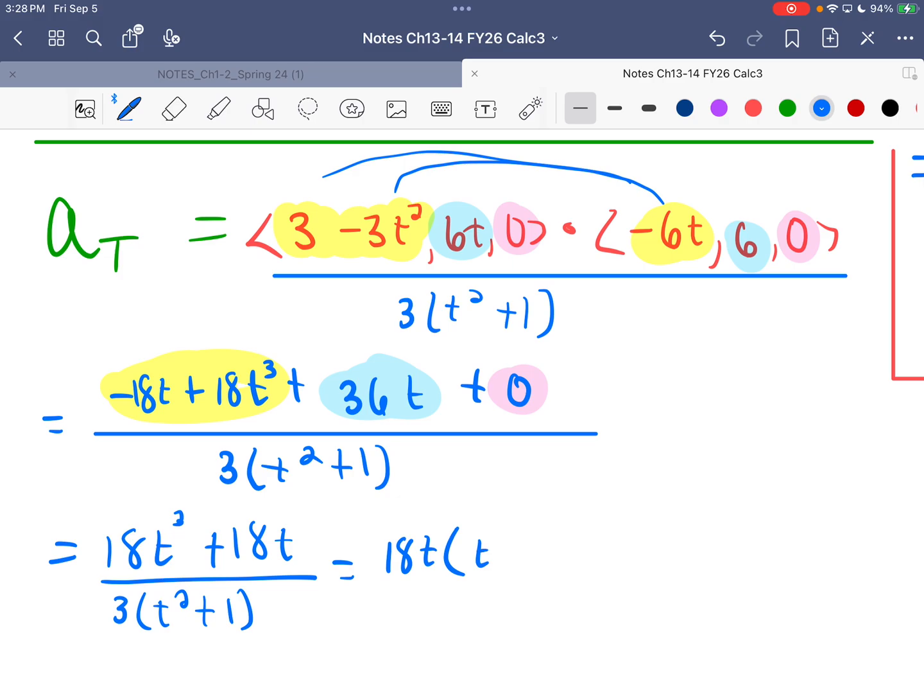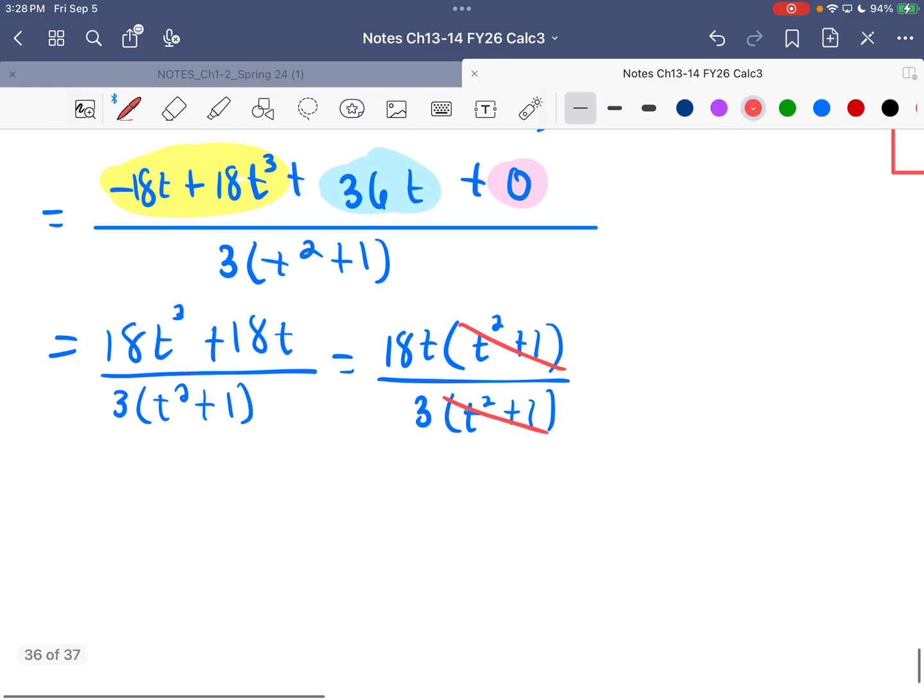I'm left with t squared plus 1 over 3t squared plus 1. Just imagine for a second that the highest level of math you ever got to was algebra 2, and you never understood why you cared about factoring so hard unless you kept going through math. What a shame. Okay, so we get to 6t. This is our tangential acceleration component.